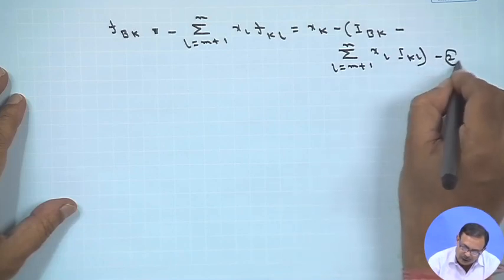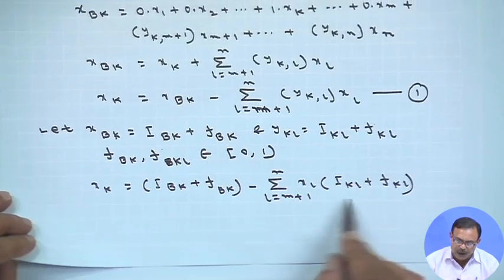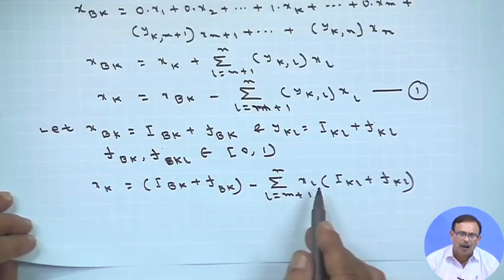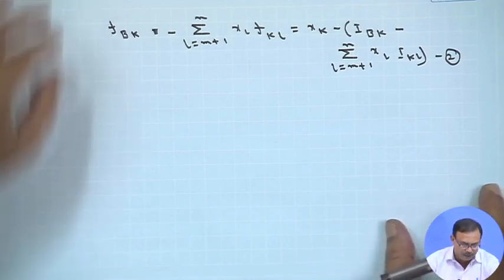Suppose this is equation 2. So, basically from the last equation, just by taking the elements to the left side or right side, we are writing this.